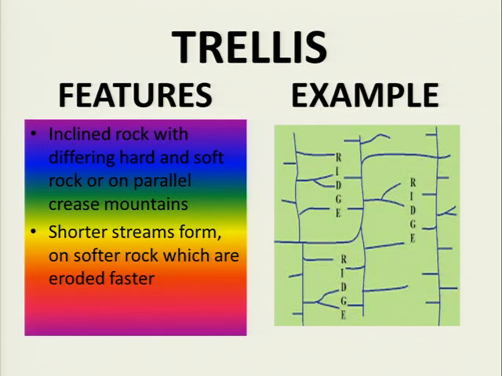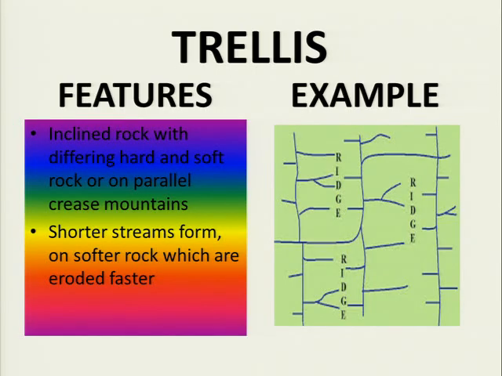Next one is the trellis pattern. Now the trellis, guys, is a very fine pattern. Remember, do not get confused with the trellis pattern compared to the rectangular. The main difference is the trellis are finer streams. They are a bit shorter, but they are finer.